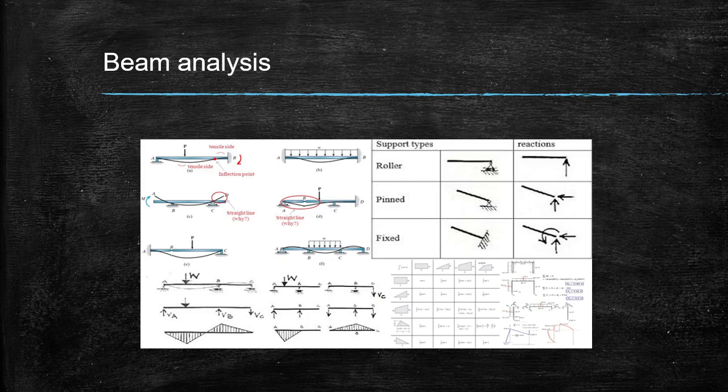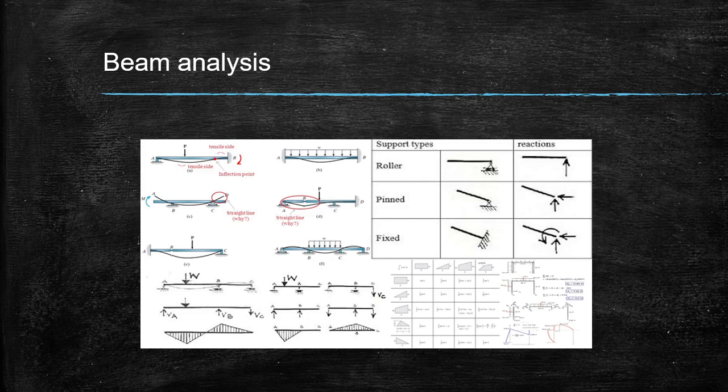The first thing you have to remember is the support system. You have to identify which type of support is there. If there is a roller support, then there will be a force only in the y direction, because the body is free to move in the x direction. If there is some force in the x direction, the body will move, so there is no need to balance it.